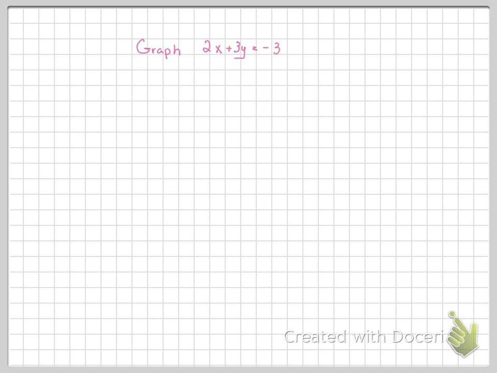But the best way to do that is to solve this for y. Even though they did not tell you to write this equation in slope-intercept form, the best way to graph this is to get it into y equals mx plus b, which is the same thing as solving that equation for y. So we'll start with that first.